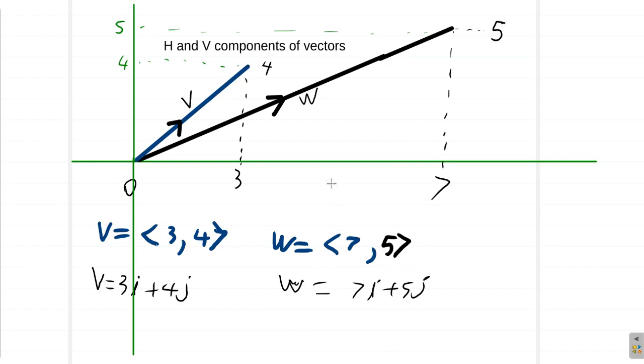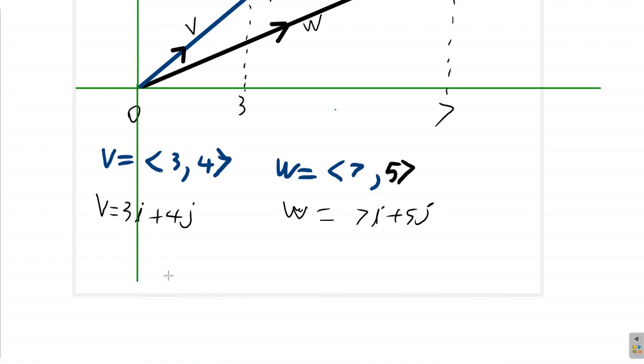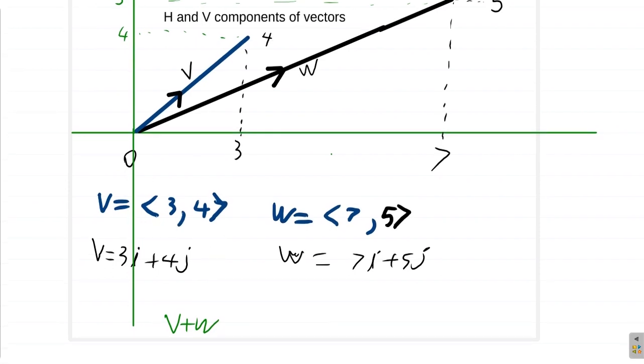Now, if you're going to look at these vectors and you're asked to find V plus W, what you do is add the vertical components and the horizontal components.